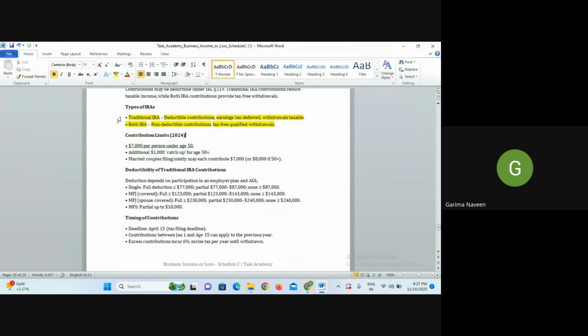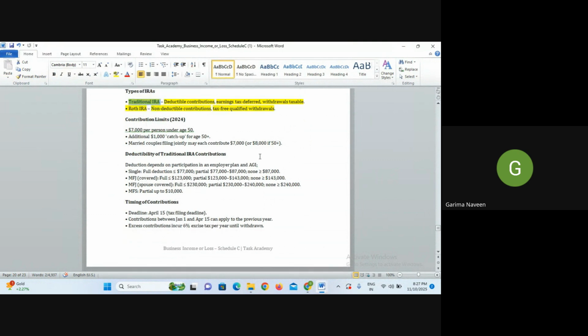But in case of traditional IRA, if you have some employer sponsored plan also, then this deductible limit will start phasing out and will depend upon your AGI.